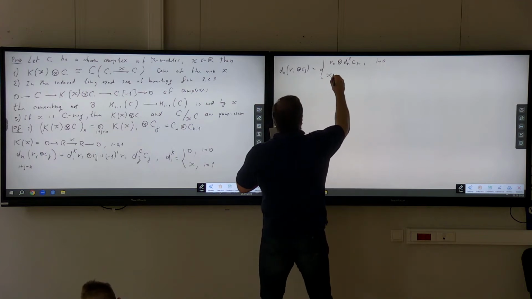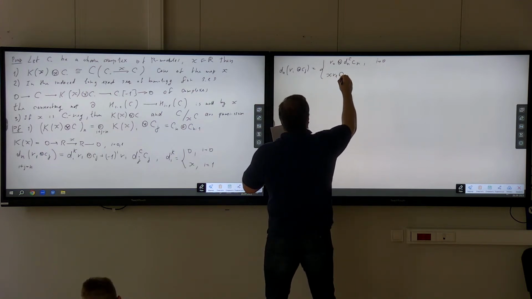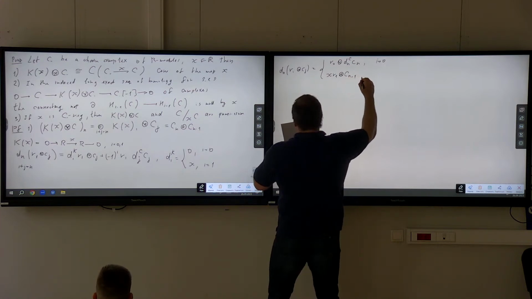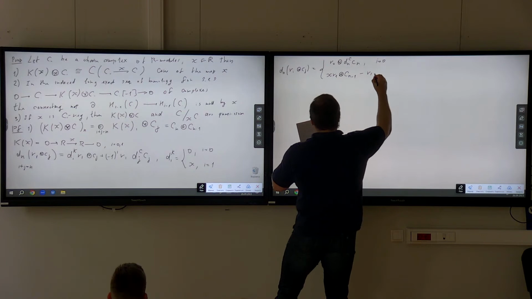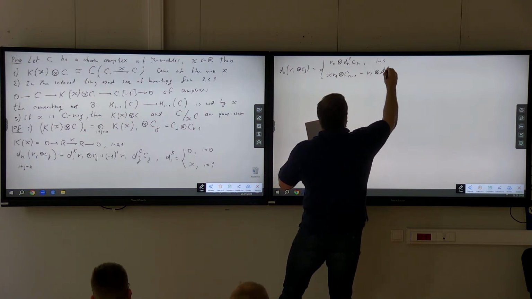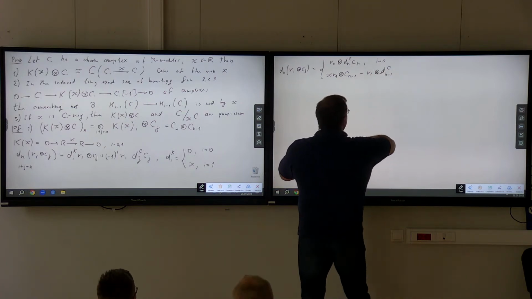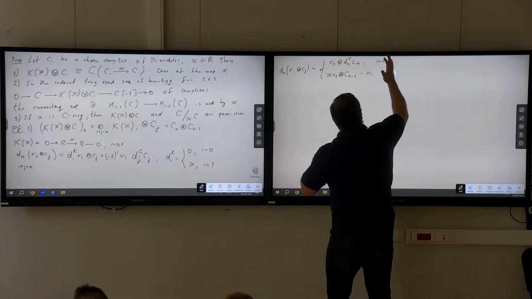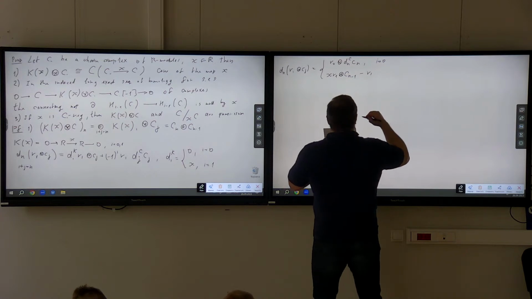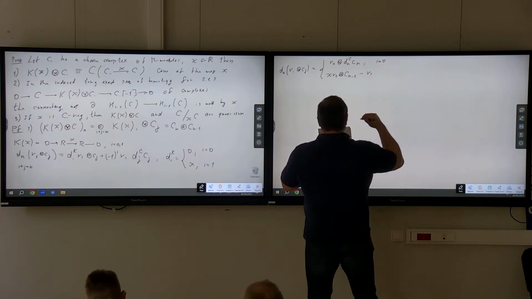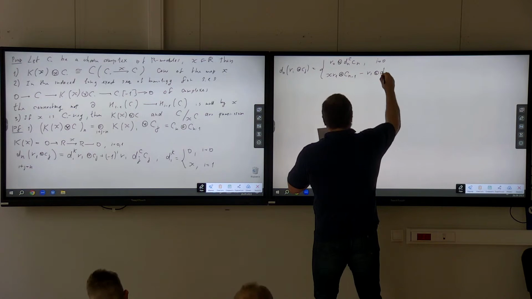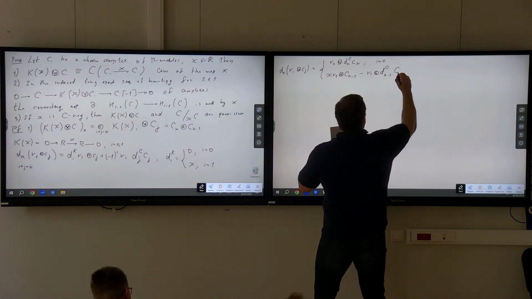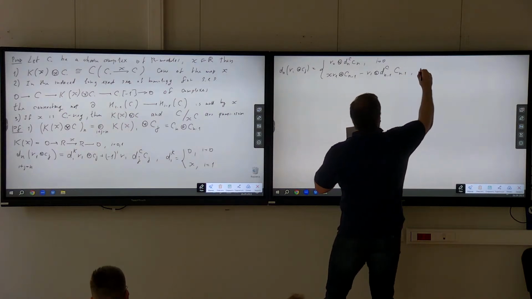And when i is equal to 1 it is x R1 tensor Cn minus 1, minus R1 tensor dC n minus 1 applied to Cn minus 1.